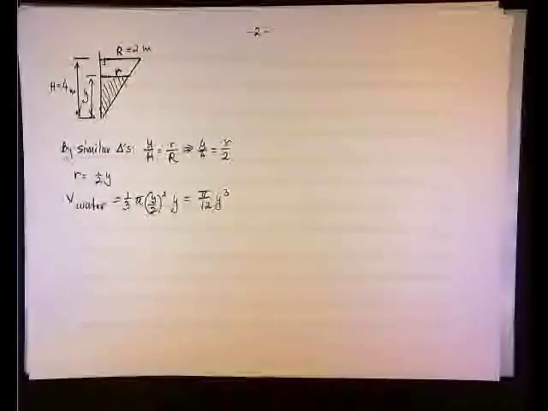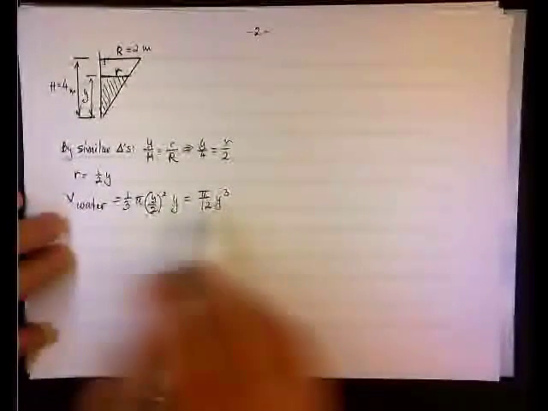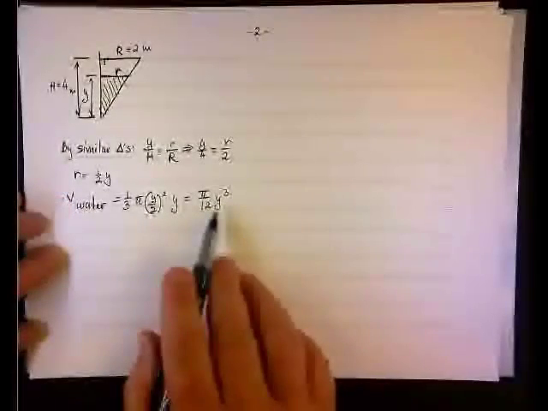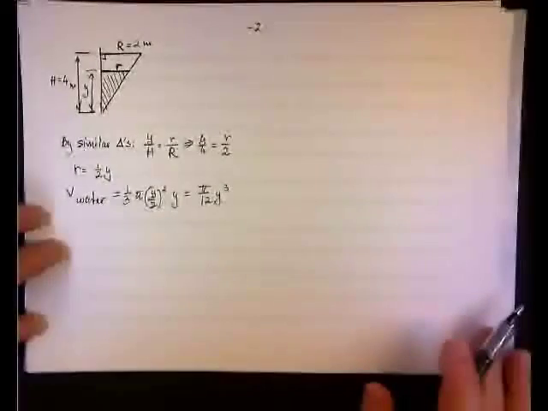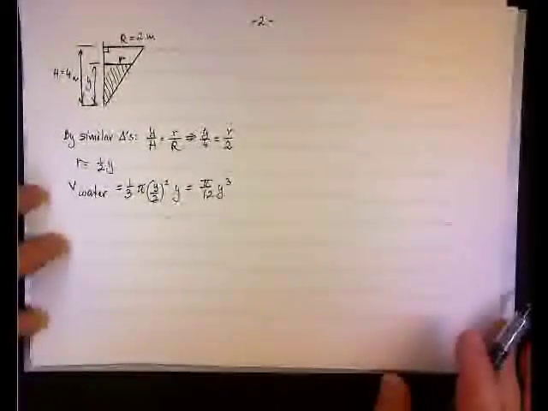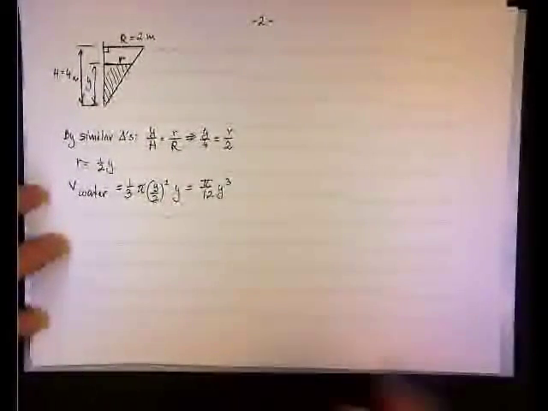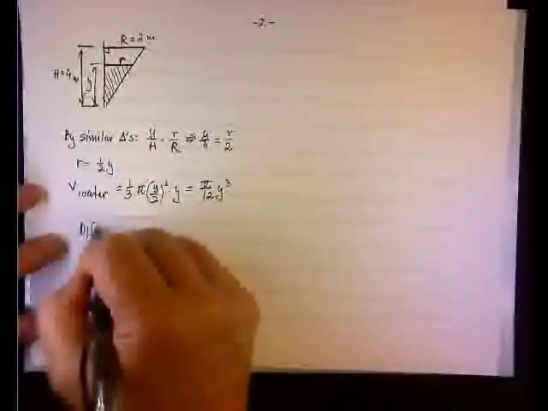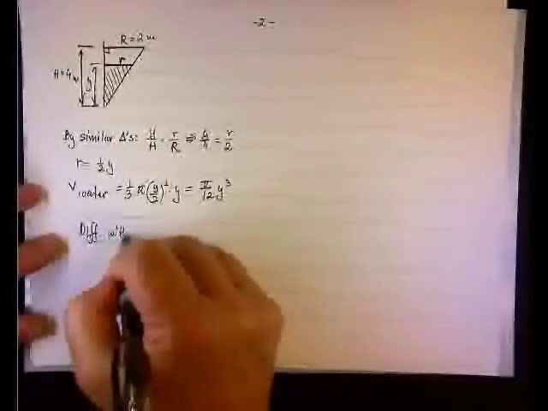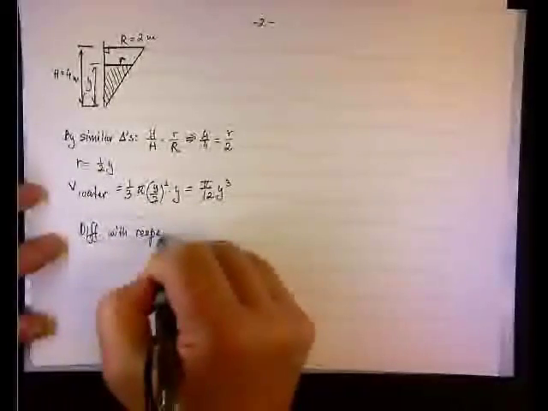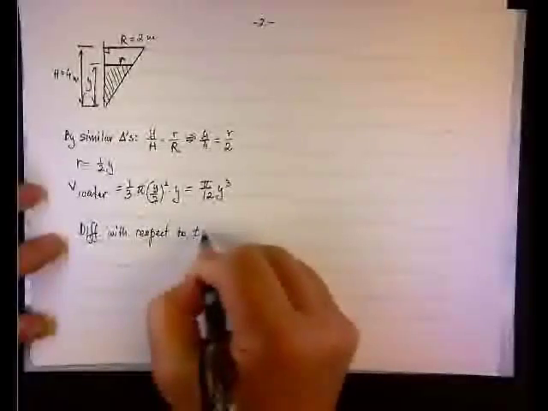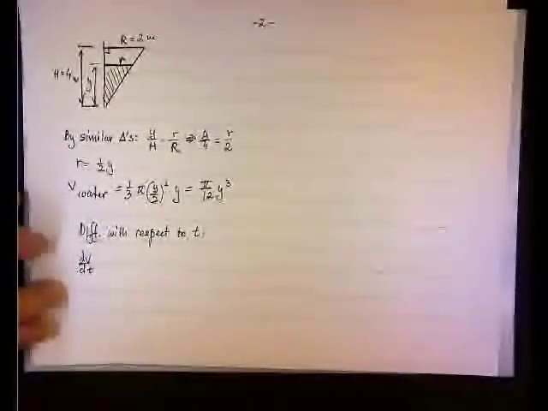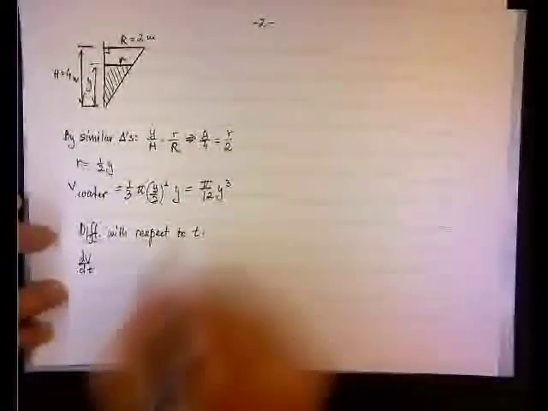Now, we're going to take this equation, V equals pi over 12 y cubed, and we take the derivative with respect to time. So we differentiate with respect to t. On the left side we have dV/dt, which is given to us.